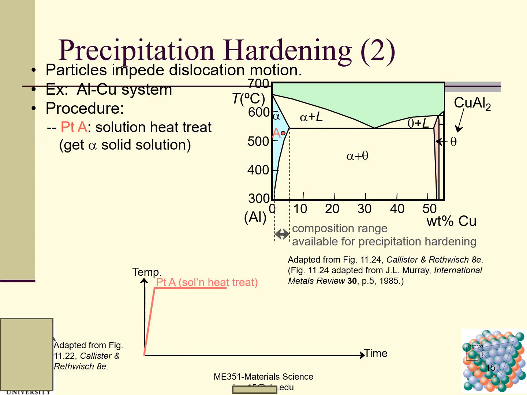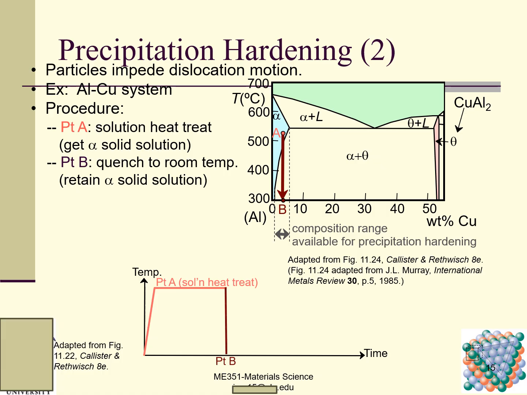The procedure: Part A, solution heat treat to get the alpha solid solution. Part B, quench to room temperature to retain this alpha solid solution.